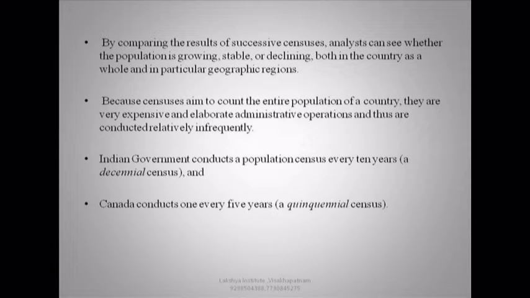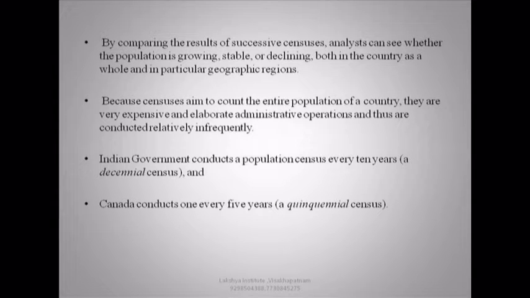By comparing the results of successive censuses, analysts can see whether the population is growing, stable, or declining, both in the country as a whole and in particular geographic regions. They can also identify general trends in the characteristics of the population.